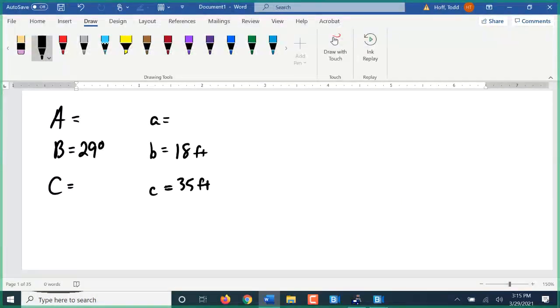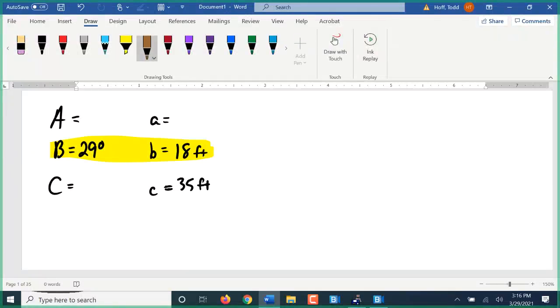What about this problem? What do we see about this problem that alerts us that we've got to have one more little piece of information? Going in the right direction, yes. The side that is opposite our angle that's given is smaller than the other side. The longer side is not opposite the angle.